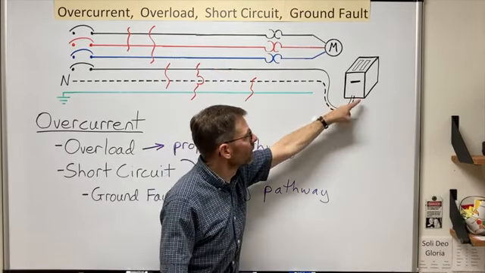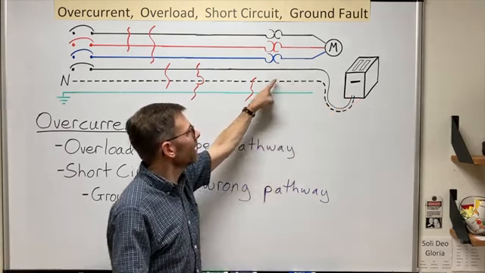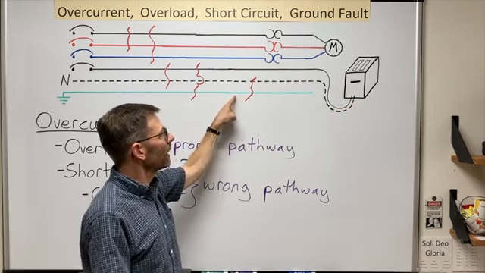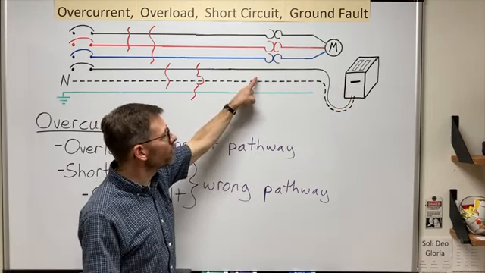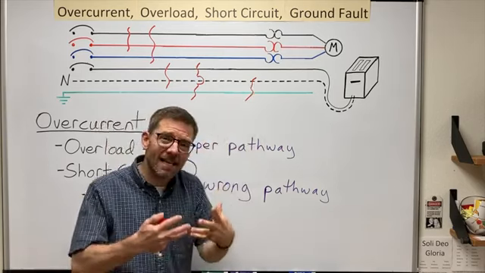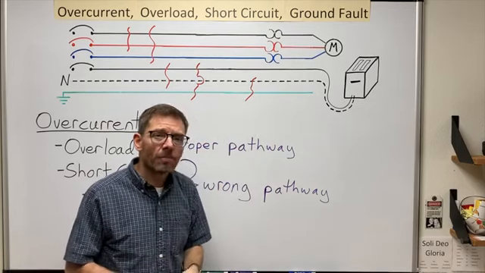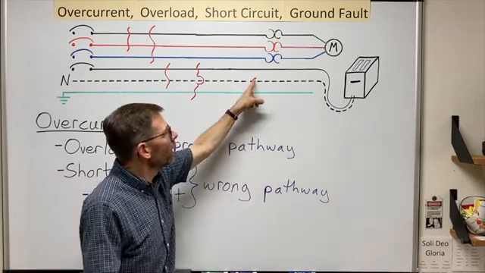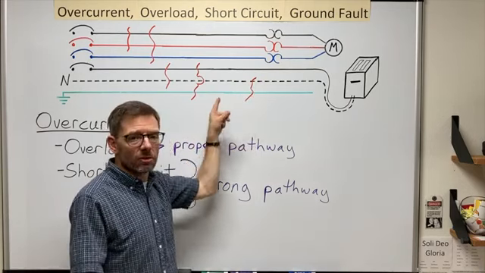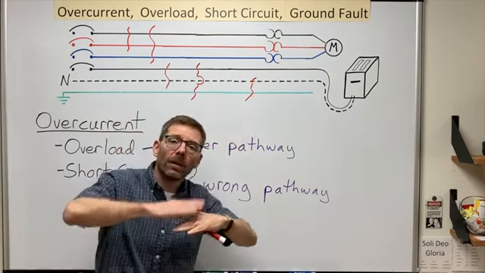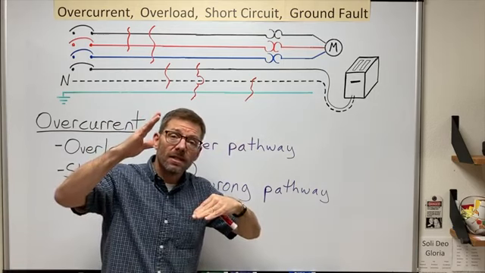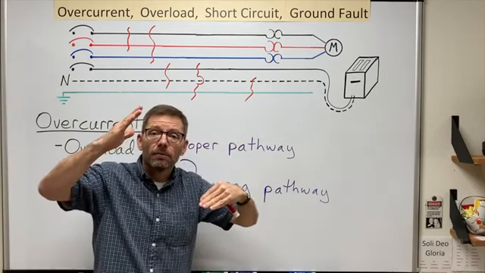Through the load, there is pathway. It is electrically connected to the ground. And although this fault may not cause an excess of current to flow, it causes current to flow in a potentially dangerous pathway, so it will open the ground fault device and stop the circuit from operating.